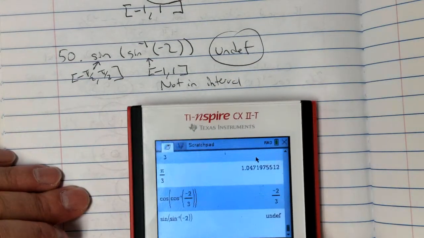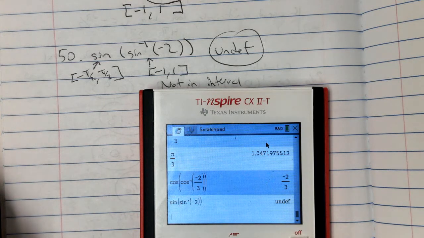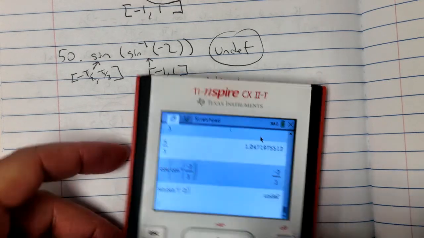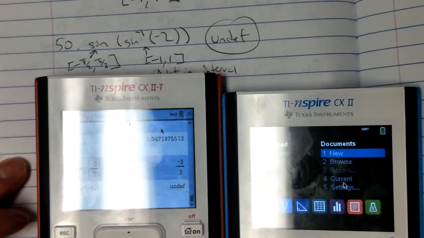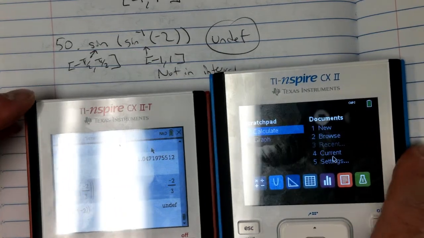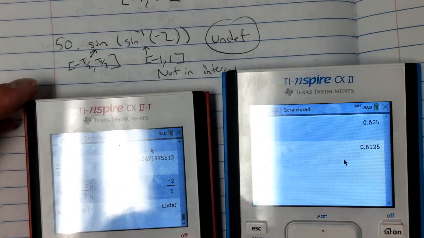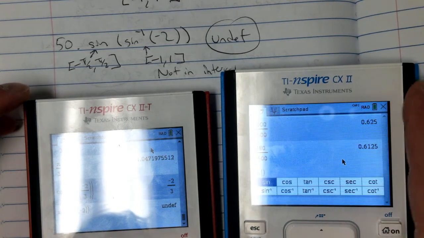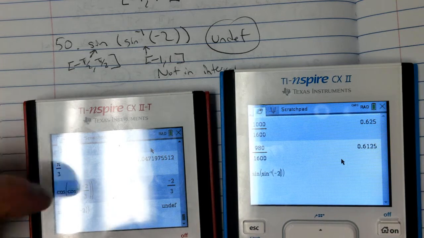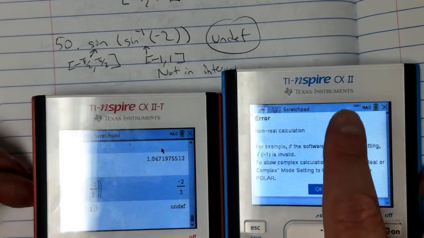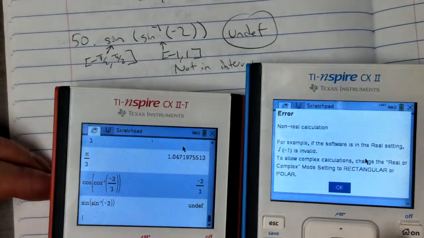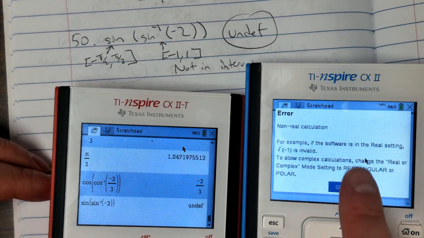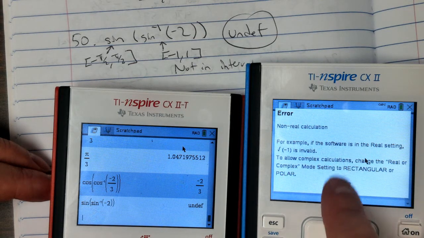When I did this last year, it said non-real calculation. Let's see if I can get that to show up. Sine -1 of -2. Okay, see, like on y'all's calculators, it says non-real calculation and some other stuff.